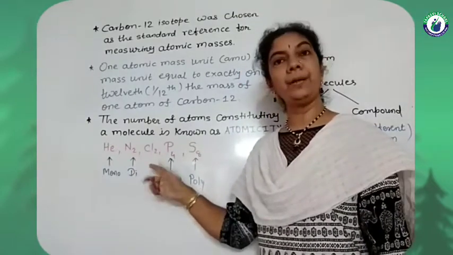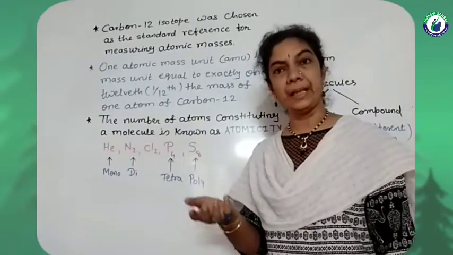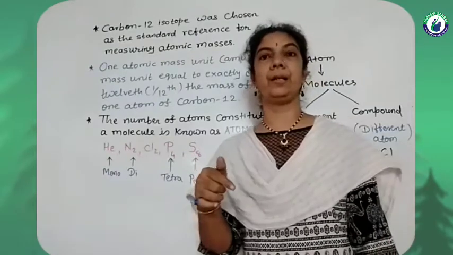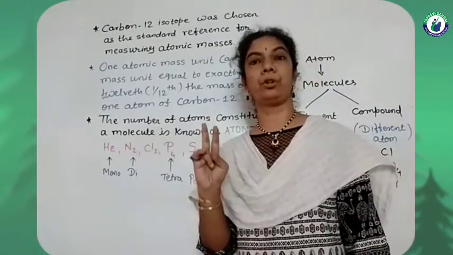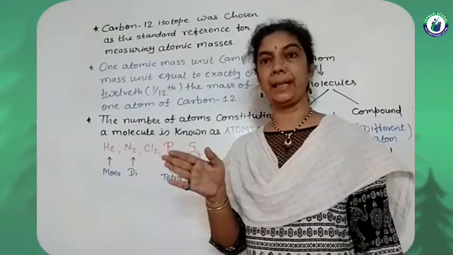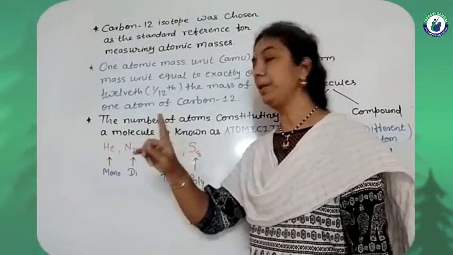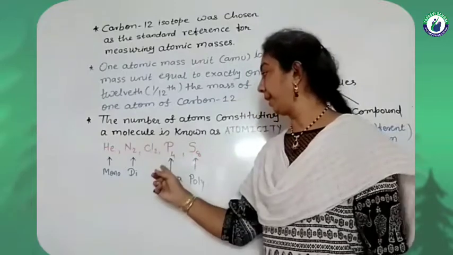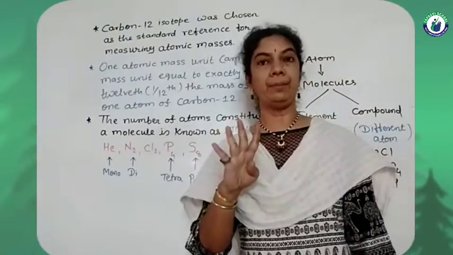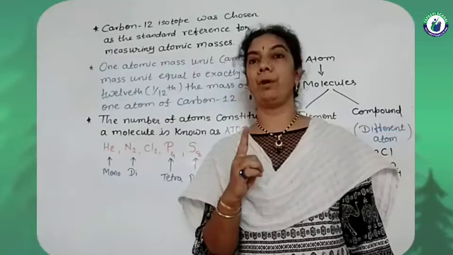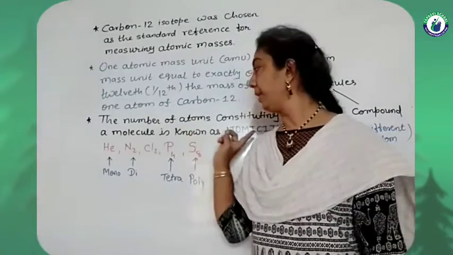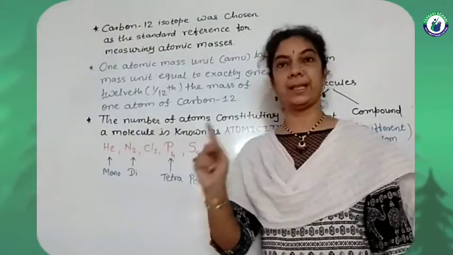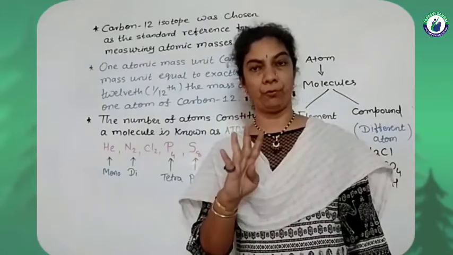Likewise, chlorine is also diatomic in nature. That means two atoms of chlorine combine to form one molecule of chlorine. In phosphorus, 4 atoms form one molecule, so the atomicity of phosphorus is tetra, that means 4.